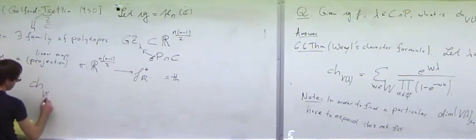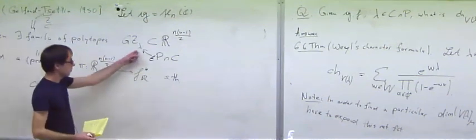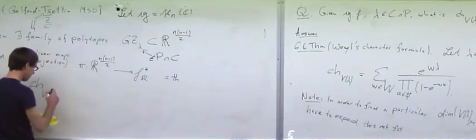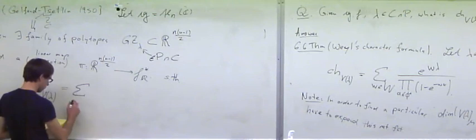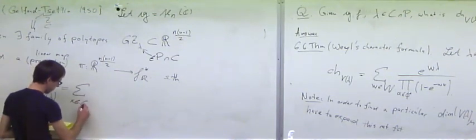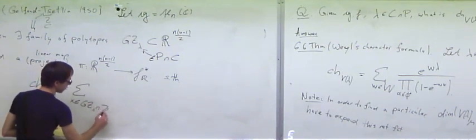So again, I want to have a character formula for V lambda. Lambda is a dominant integral weight, so V lambda is some irreducible representation. Its character is some function. I consider the sum of all integral points in the Gelfand-Tsetlin polytope.